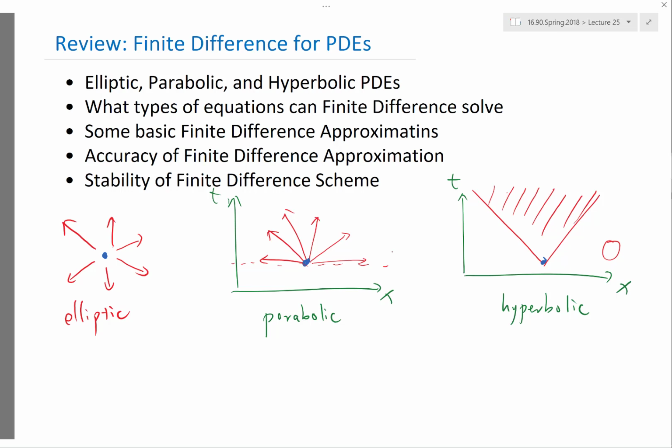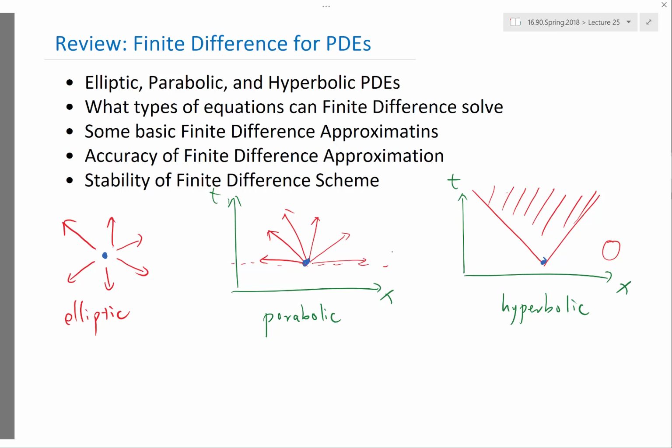Okay, so what type of equations can finite difference solve? All types, right? As long as the derivatives in the differential equation make sense, which means there are no discontinuities.